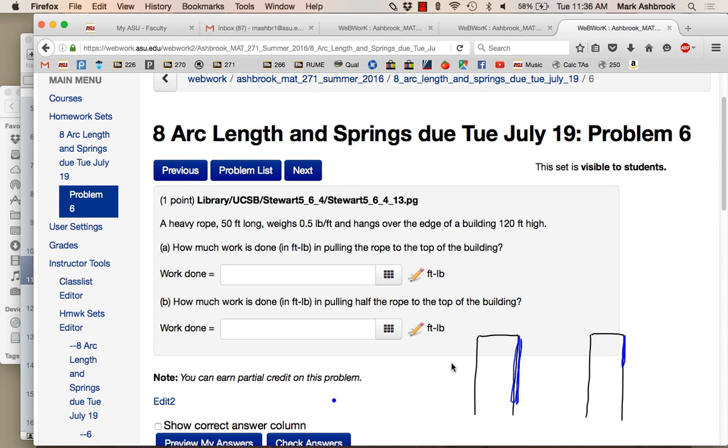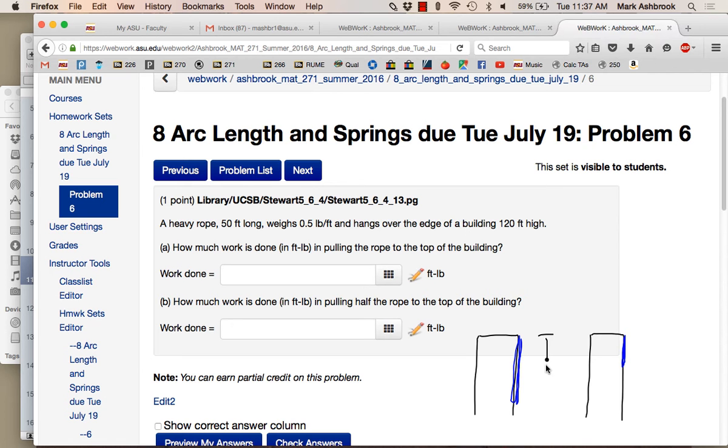Here you're going to integrate from whatever 0 to 50, and here you're going to integrate from what? 25 to 50? Yeah. Well, not if you use the frame of reference that I told you yesterday.